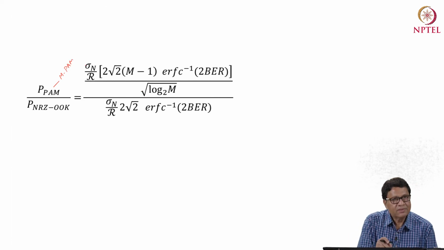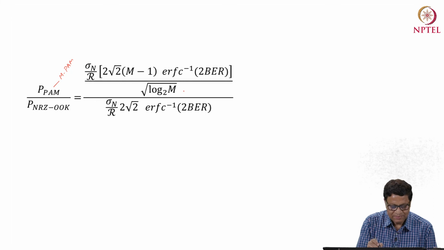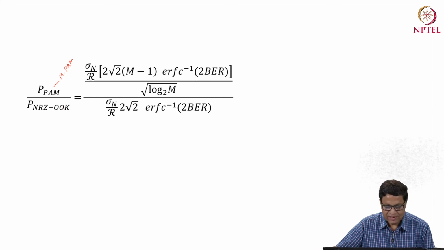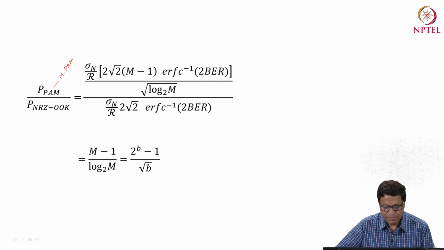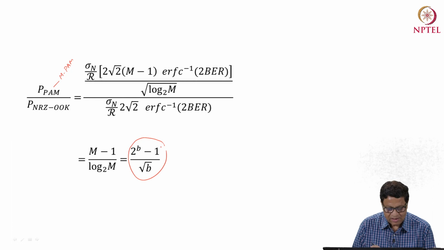So using the PAM bit error rate expression, I can calculate the power required, and it is again normalized to NRZ OOK. So what we get is this ratio, and you can simplify this, and this is the ratio we get of power required in PAM system with respect to power required in NRZ OOK system, 2 raised to power B minus 1 root B.